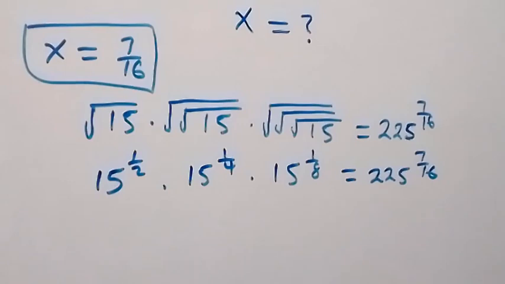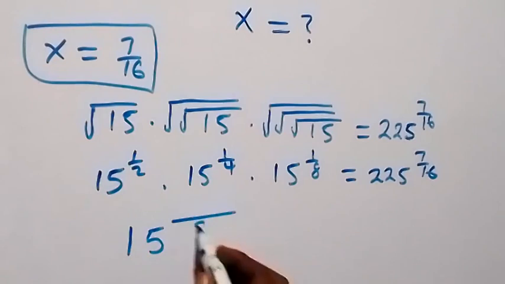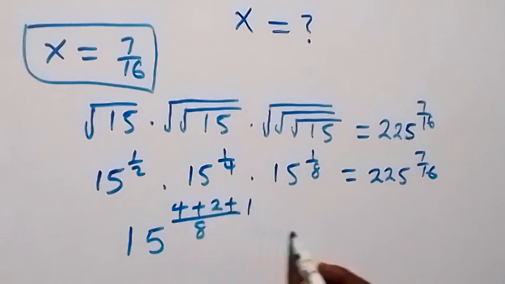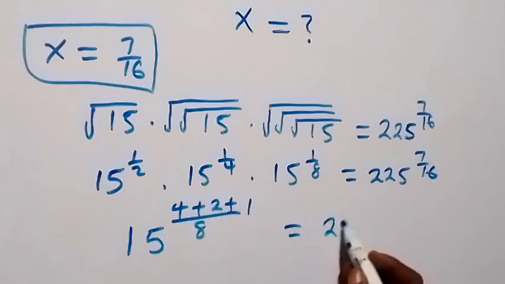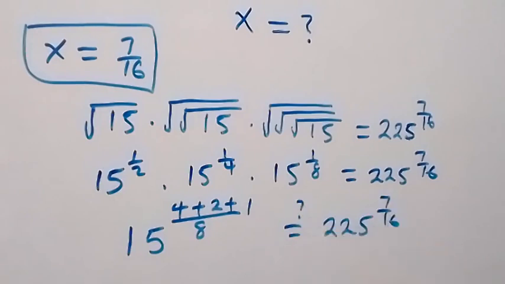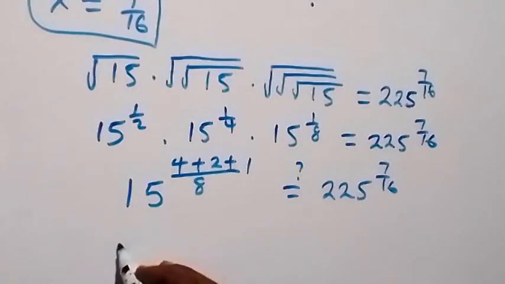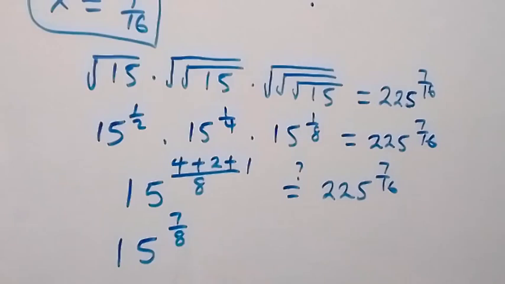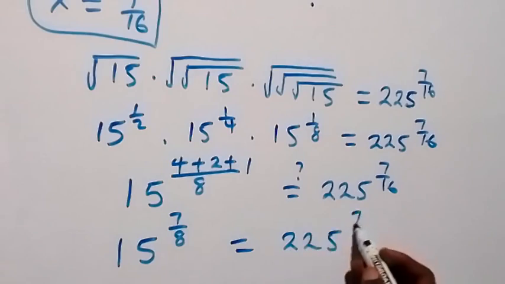We bring this together here, we have 15 raised to power, LCM here is 8. And that gives us 4 plus 2 plus 1, equals 225 raised to power 7 over 16. Then when we look at this, we have 15 raised to power 7 over 8. And from here, is this equal to 225 raised to power 7 over 16?